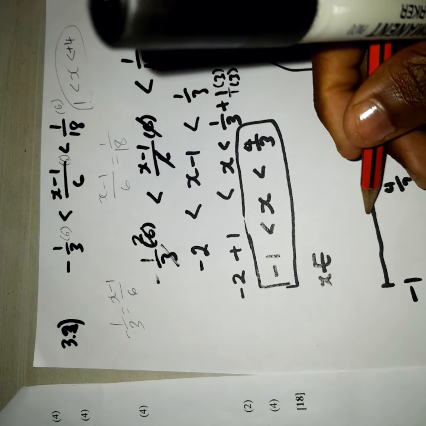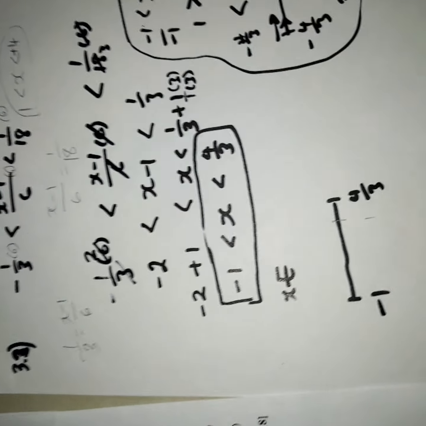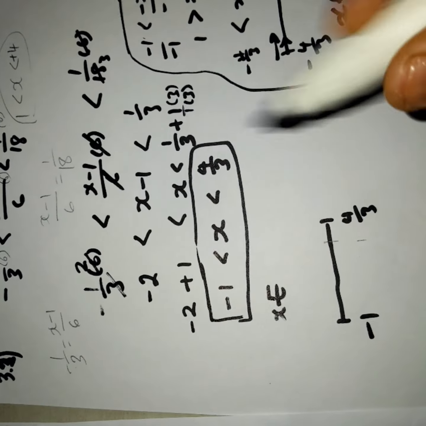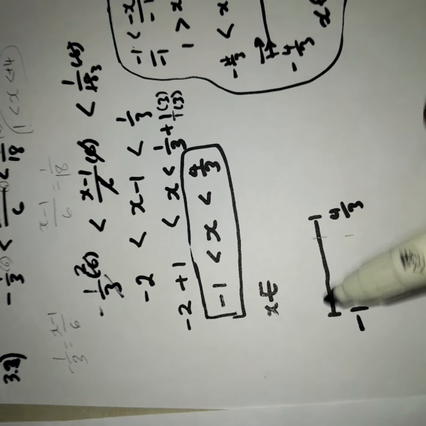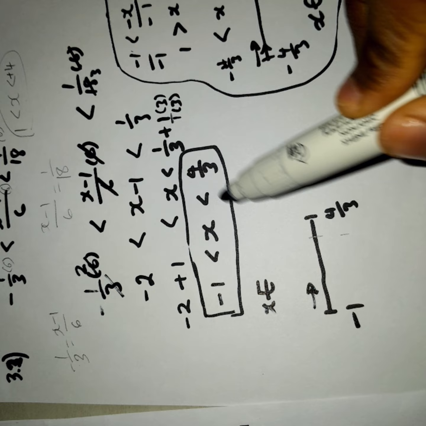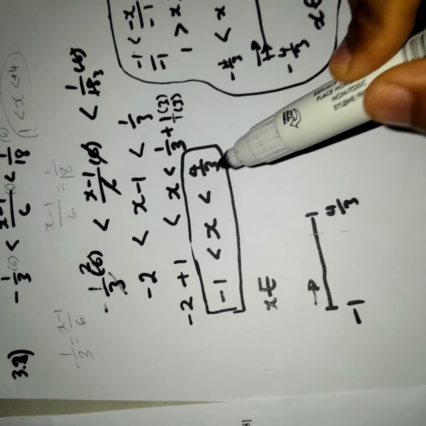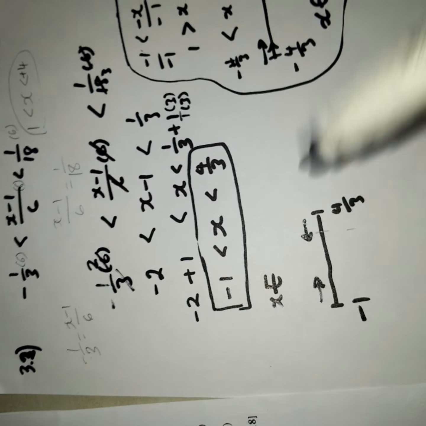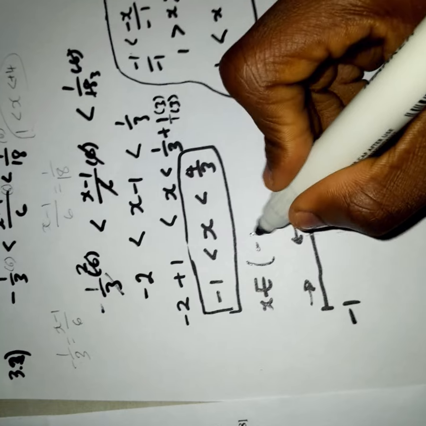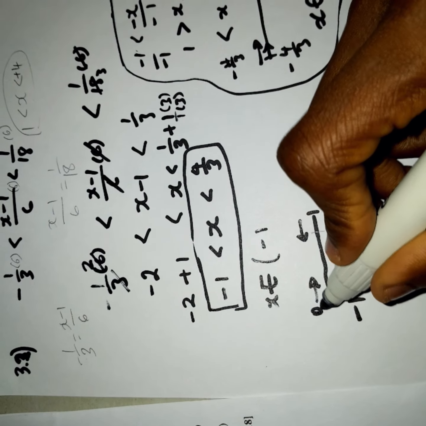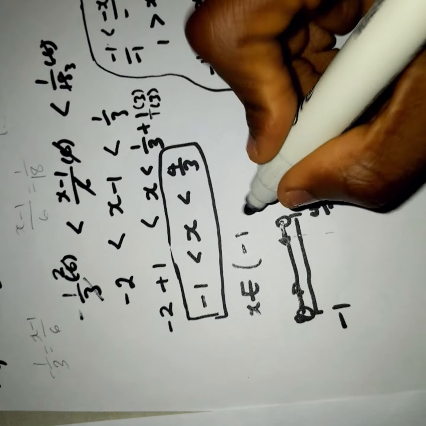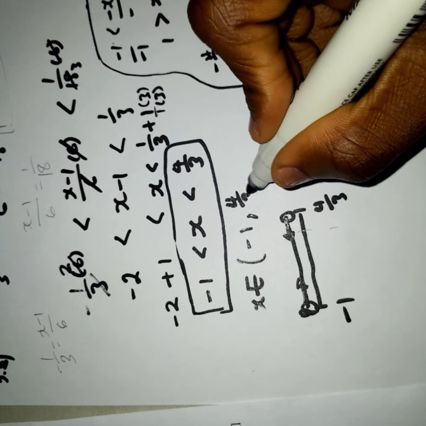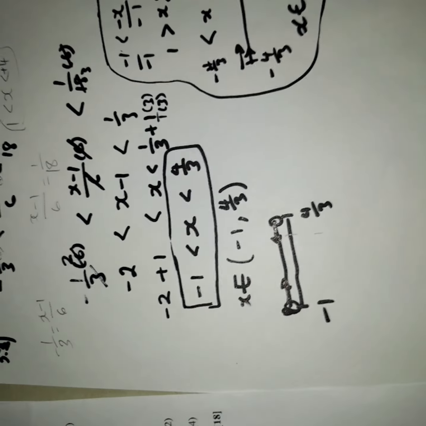So it's greater than -1, which is here, and it's less than 4/3 here. So it was gonna be from -1 in the middle here, to 4/3, just like this.